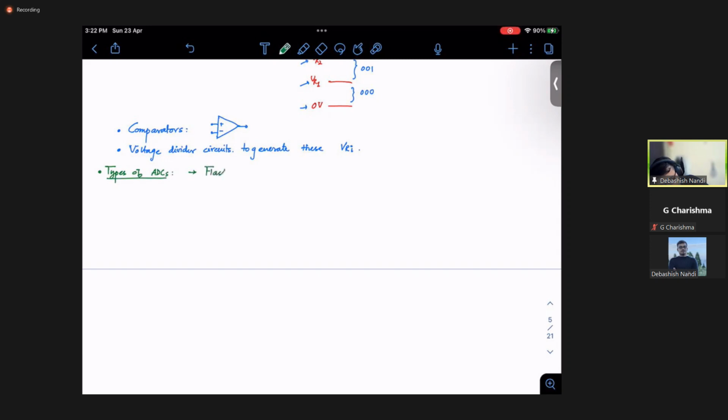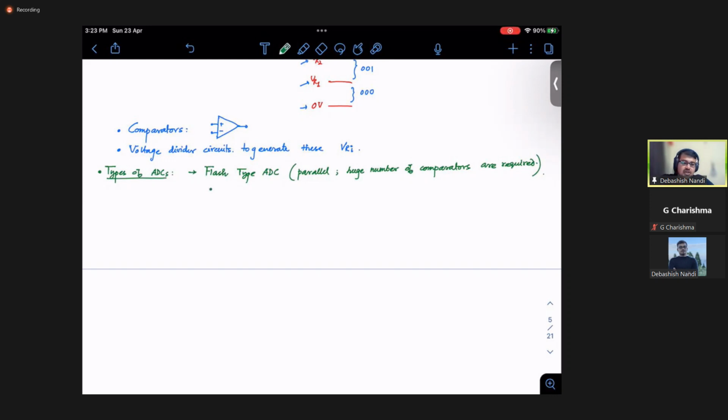The very common and popular type is the flash type ADC, which runs in parallel. But what is the disadvantage here? If you have gone through the lectures, a huge number of comparators are required, right?